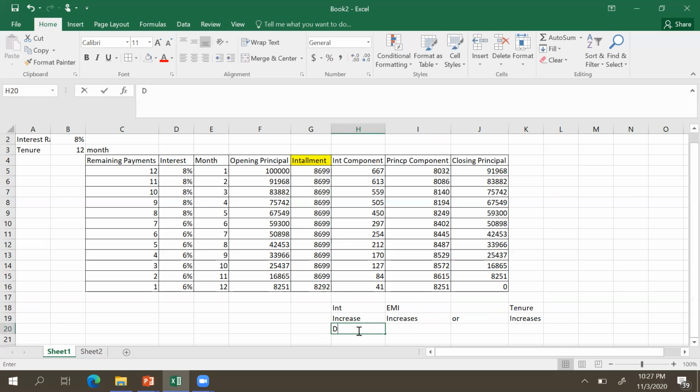If your interest decreases, then your EMI decreases, or your tenure will decrease, or we can say even the last installment can reduce. Okay, so this is how the variable rate impacts your loan.